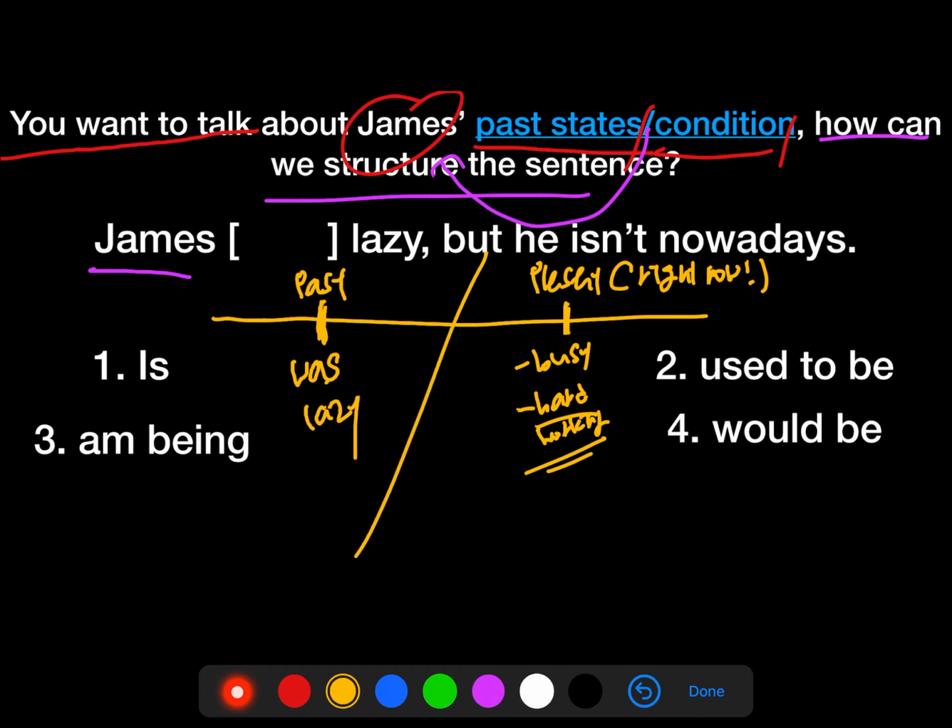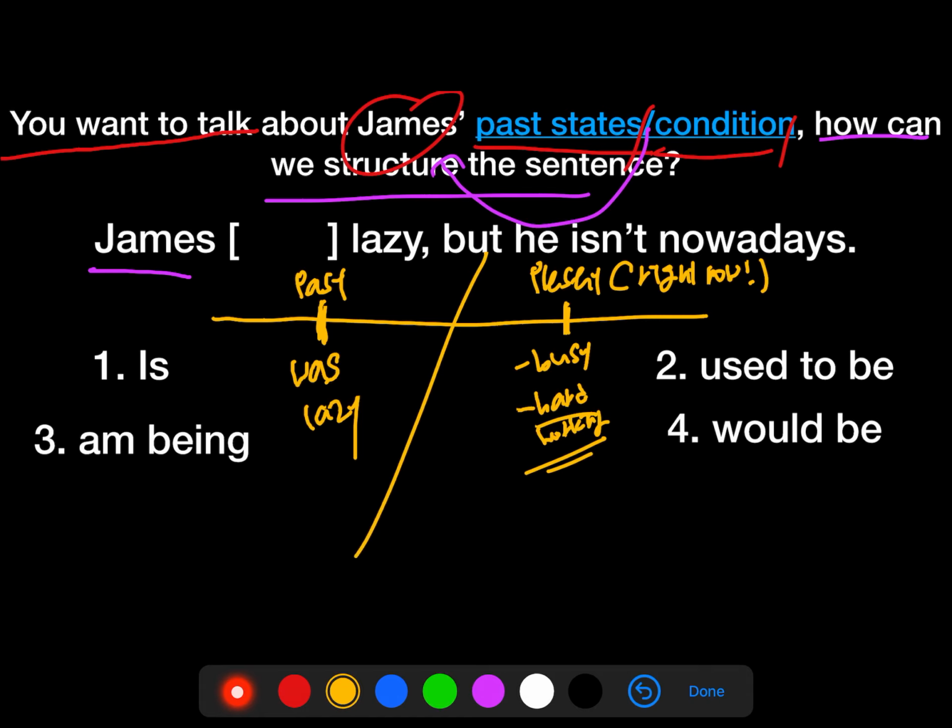So, let me ask you a question. Is he still lazy? No, he was. He was lazy. Okay? How can we structure the sentence? We know James was lazy, but he's not in the present. When we want to talk about past states, what should we do? We need to put used to, right?